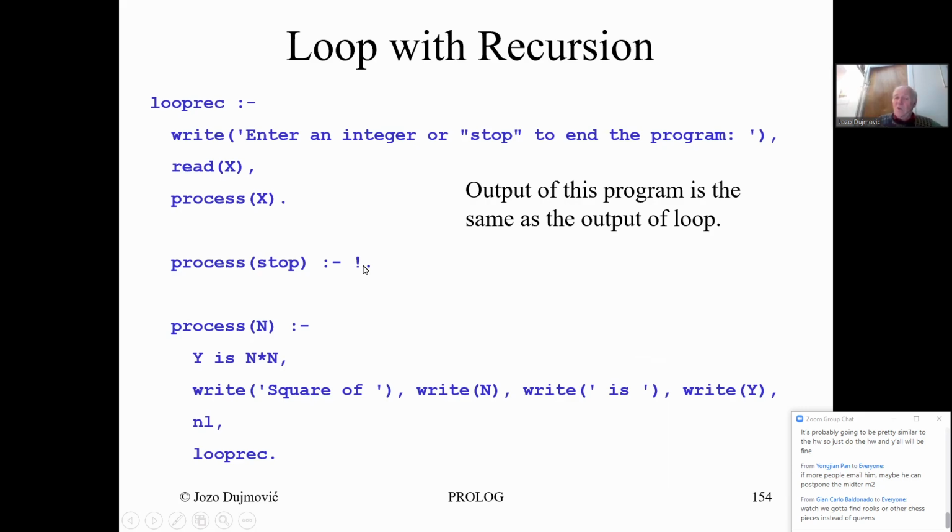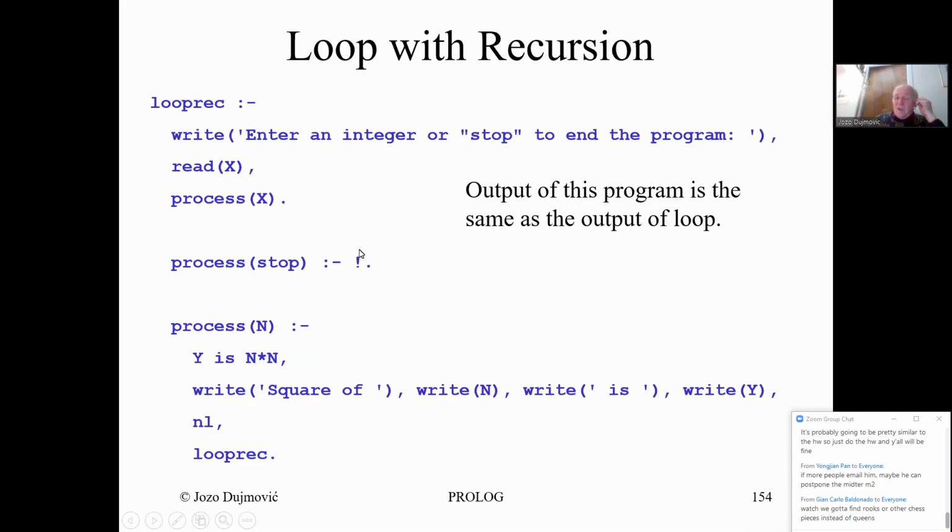And when it comes there, it knows that there is no way to go further and there is no way to go back. So it is going to say, yes, this succeeds. We terminate the program, have nothing to return because this is just input value stop. So nothing is returned and it cannot go back, and therefore it terminates the program.